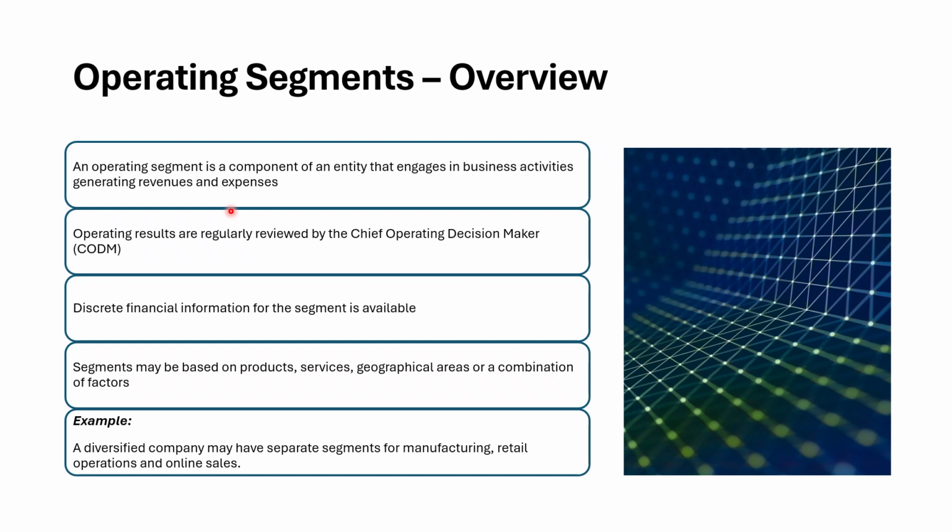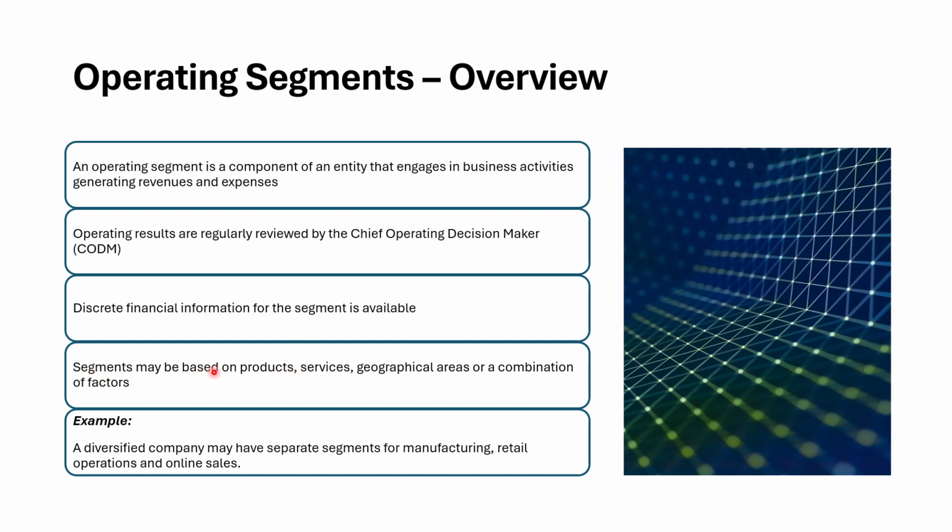Then it will be called an operating segment. Second, its operating results are regularly reviewed by the Chief Operating Decision Maker or CODM to assess performance and allocate resources. Third, discrete financial information is available for that component, such as revenues, costs, or profit.